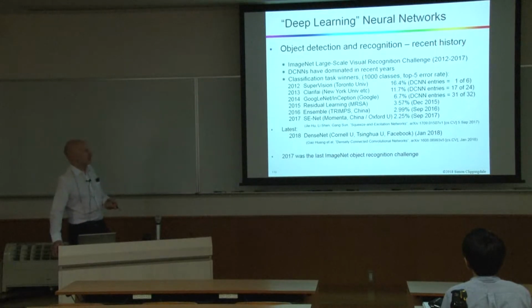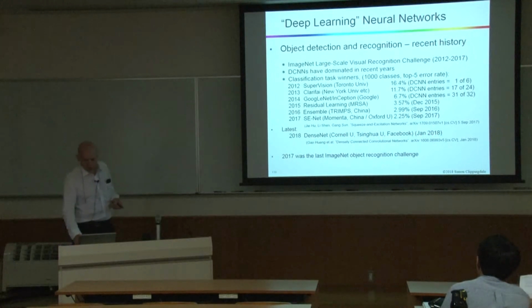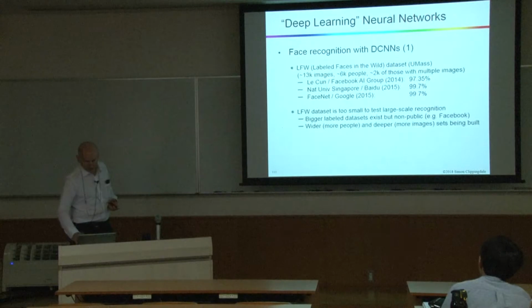So they needed to use more difficult training data and test data to make the results more meaningful. Anyhow, the latest net is this DenseNet, which came from people at Cornell, Tsinghua and Facebook, January 2018. Yeah, that's the state of the art at the moment.